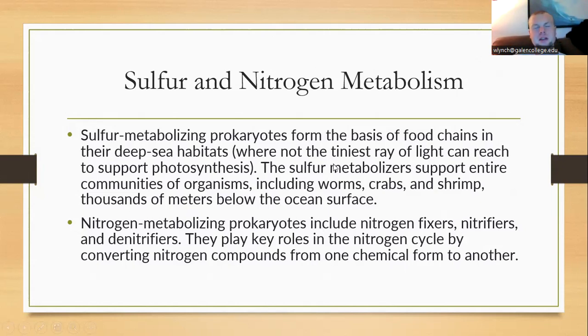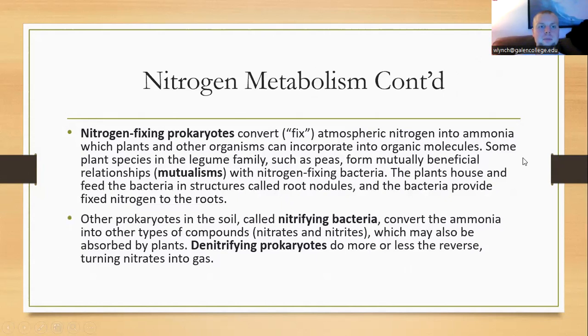Nitrogen metabolizing prokaryotes are going to be able to use nitrogen in the atmosphere as well as in organic compounds. So nitrogen fixers, nitrifiers, and denitrifiers. They play key roles in the nitrogen cycle by converting nitrogen compounds from one chemical form to another.